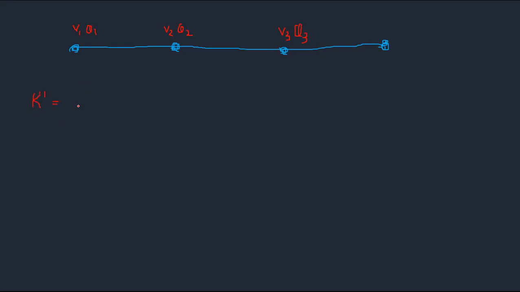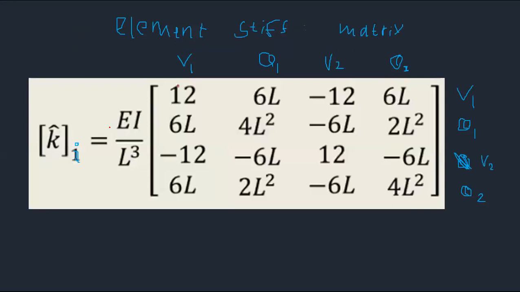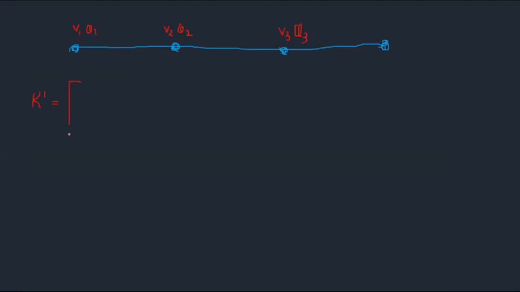So EI over L squared is common, right? You have to keep the common term out of the matrix, otherwise you can't easily simplify. Or else the best thing is to put this inside, so then it will be something like this matrix. So I'll say this is how to write notation.